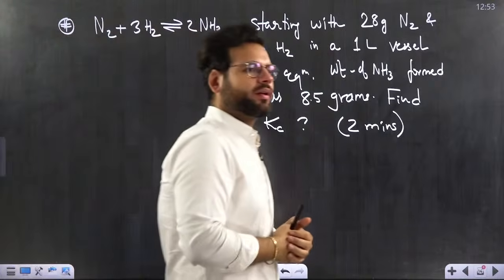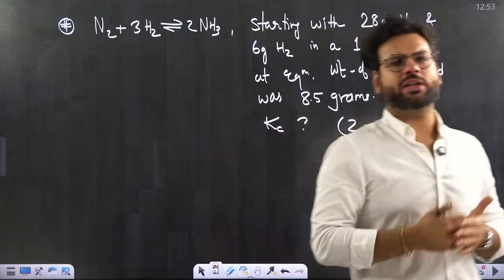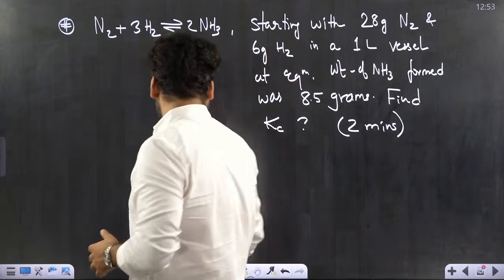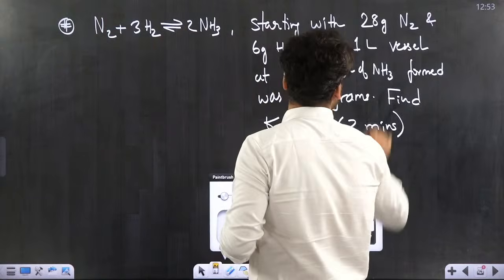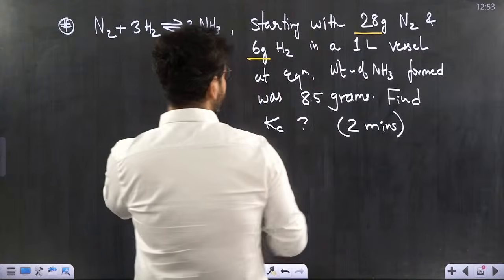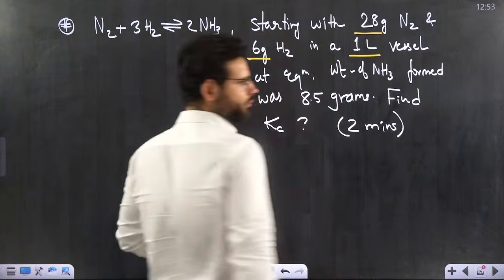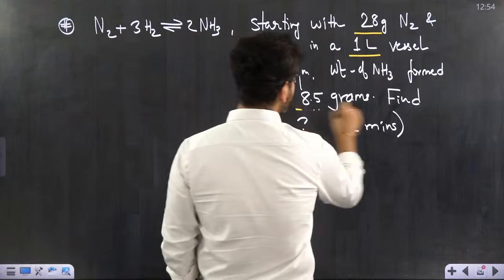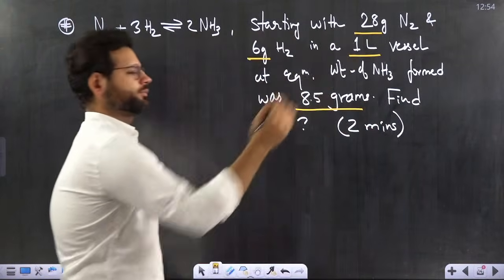Equation is given, equilibrium constant for this same equation is asked to you. 28 grams of nitrogen is taken initially, 6 grams of hydrogen is taken initially in a 1 liter vessel. And at equilibrium, weight of ammonia is found to be 8.5 grams.